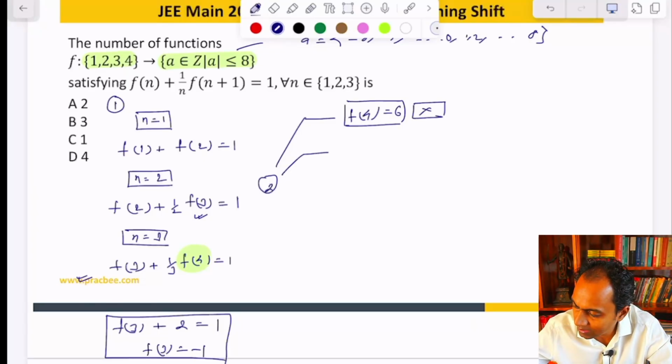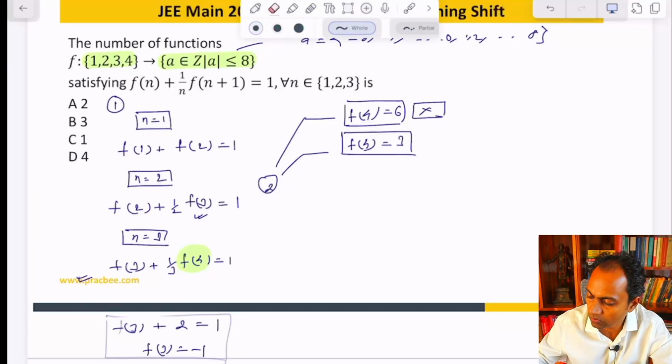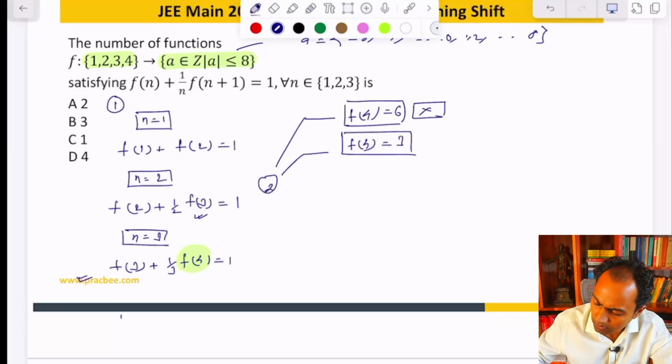Now let us try another value. Let us take f of 4 as 3. If I take f of 4 as 3, in this scenario, let us again solve the last equation. So f of 3 will become 0.